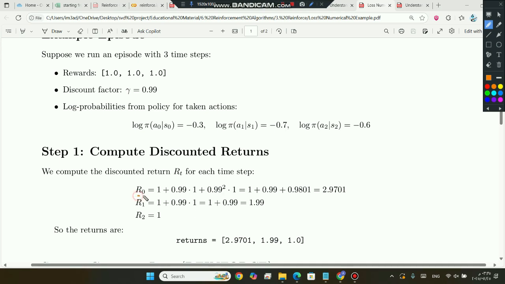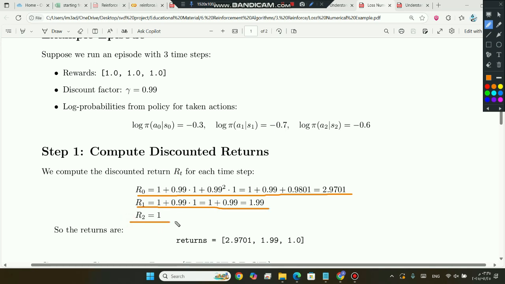Now, this is how we found the reward for each step. The reward for action 0 right now is the summation that we have talked about: the first reward plus the next reward times gamma plus the next reward times gamma squared, etc. Now for the reward for time 1, this is how it's calculated.